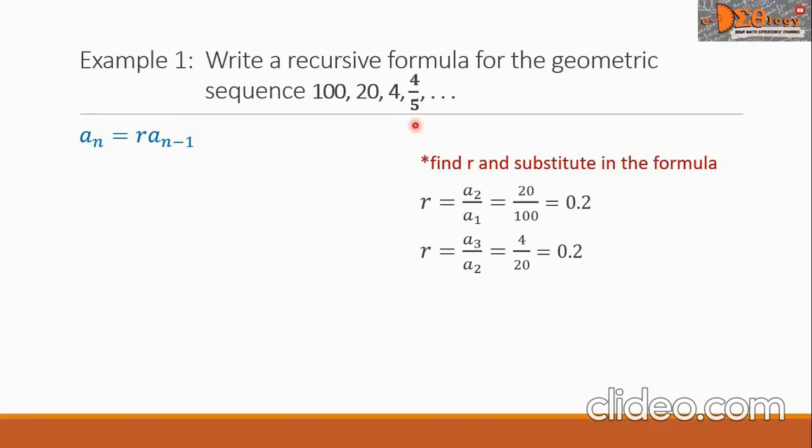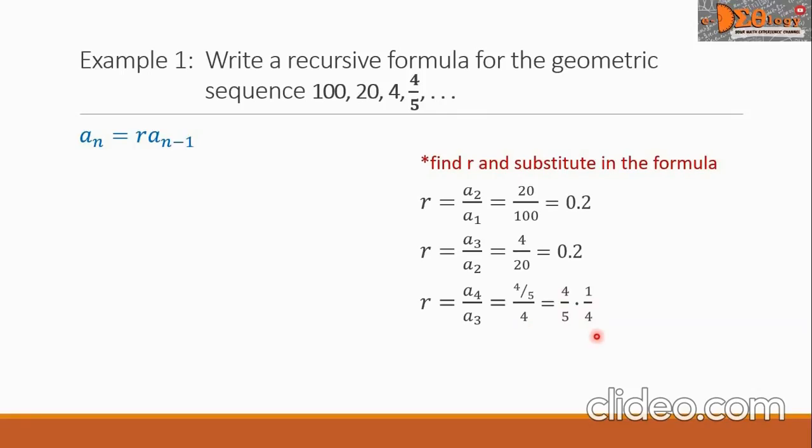What about the fourth term and the third term? And that will be 4 over 5 all over 4. Let us flip this 4 in the denominator as 1 over 4 here. Then let us multiply the 4 over 5 and this 1 over 4.